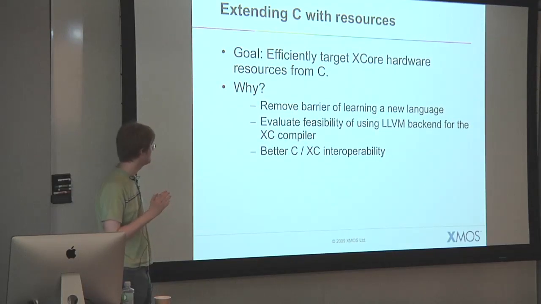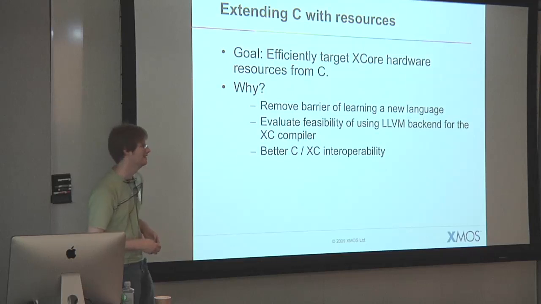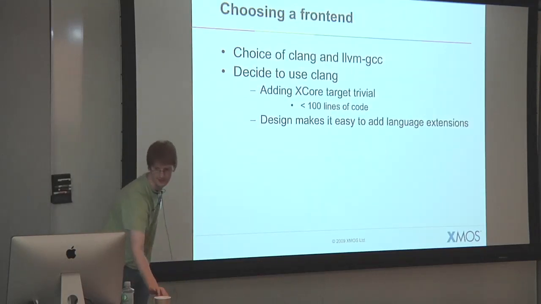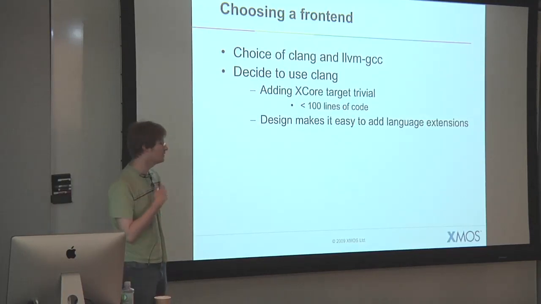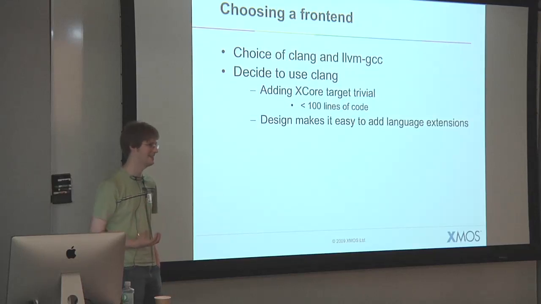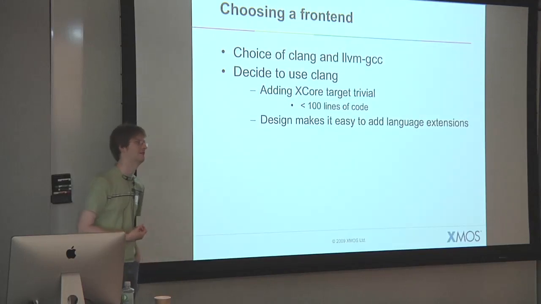At the moment, this is in the prototype stage. There's no release date for it, but hopefully this will make its way back into the toolchain. For this project, we already had a GCC port, but we decided that extending its front end would be a lot of work, and we're better off using Clang.